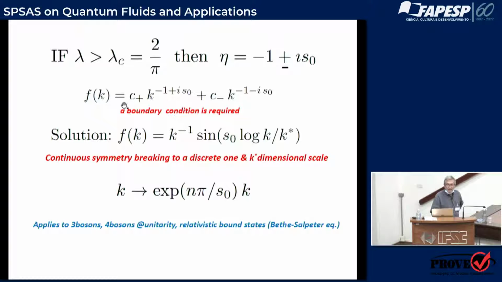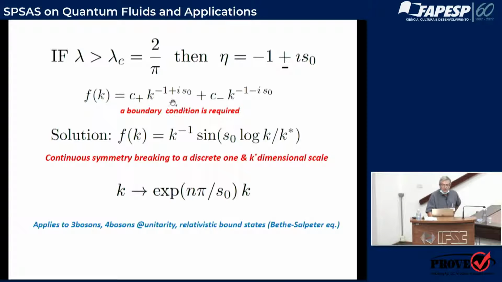And then you have 2 possible solutions on equal footing. What do you do? You need a boundary condition. Before, lambda alone was enough to fix the solution below critical lambda. But above, I need to introduce physics.